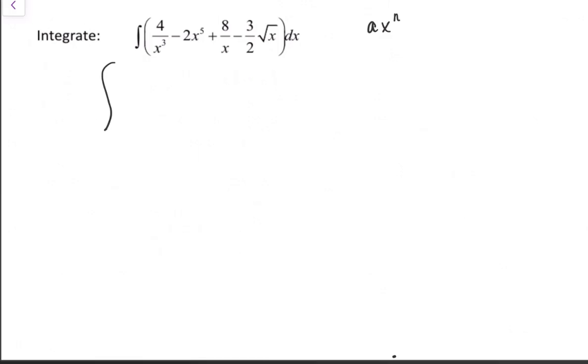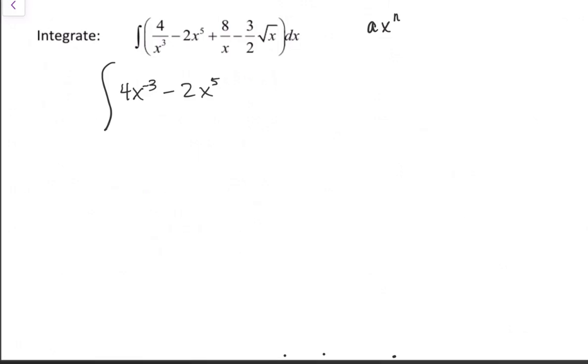So I'm going to have my integral symbol. And if I start with this first term, 4 over x cubed, I want to write that as 4x to the negative third. Pull that x up to the top, makes its exponent negative. The next term was fine the way it was, so I'll just rewrite it. Even though it was ready to integrate, I'm not ready to integrate the entire thing.